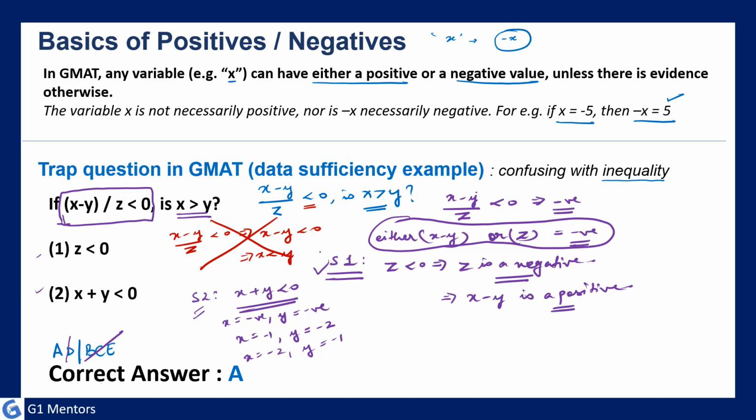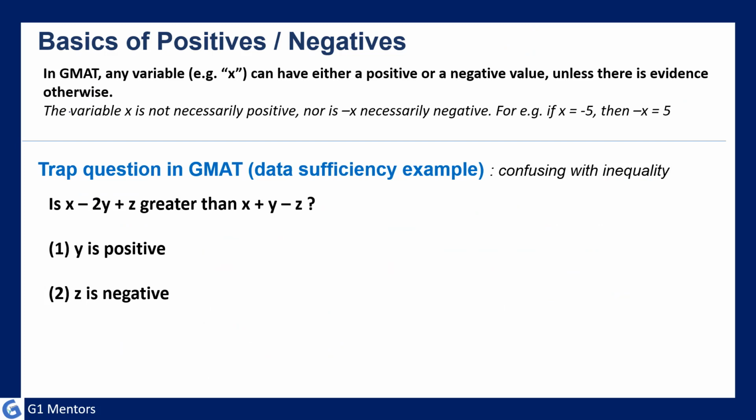Now let's go to another question. What is the question asking us? Is x minus 2y plus z greater than x plus y minus z? In this case, we can move the variables around. Although it's a greater than or less than sign, we can move the variables around in this type. So let's simplify this.